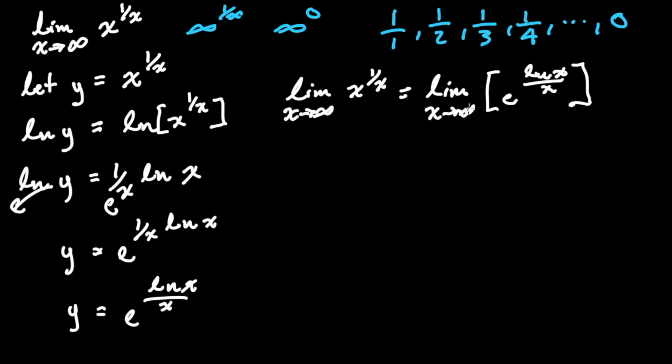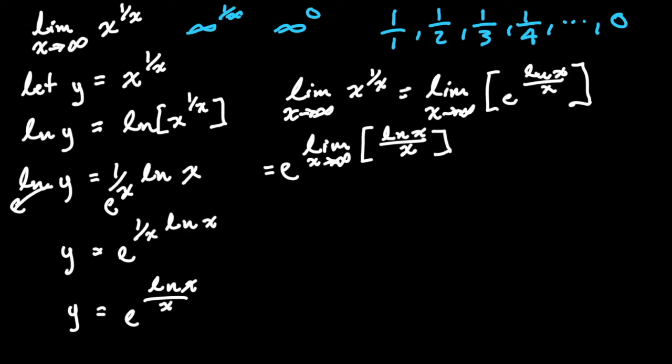And so our next step here was to take this limit and move it into the exponent position, because the e is actually a constant and x is the part of this function that is actually changing. So we can then write that both of these are equal to e to the limit as x goes to infinity, this is in the exponent position, for ln x over x.